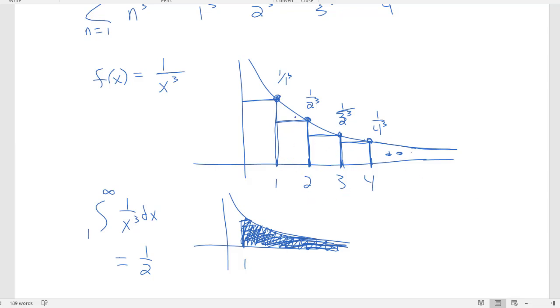Keep in mind I have a little bit of error here, which I'm going to shade. Something like that, right? So the area of the rectangles is slightly smaller than the area under the curve. I have excess area. So if the area under the curve is finite, then the area of these rectangles must also be finite. So that's the connection.